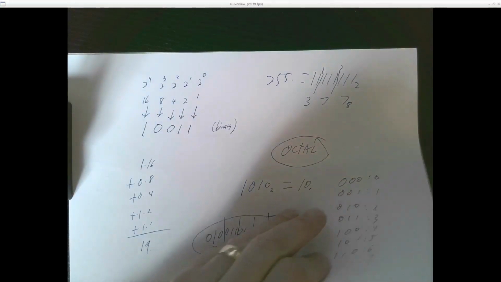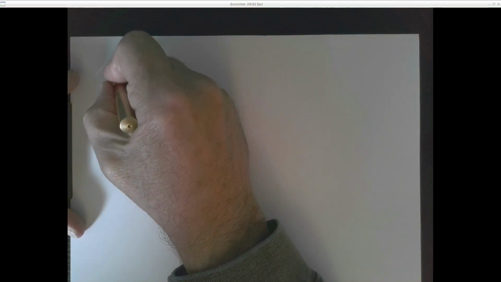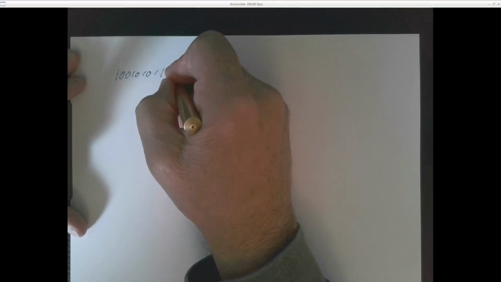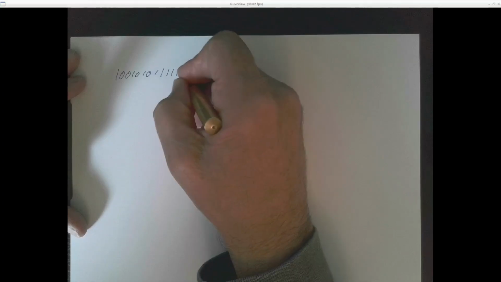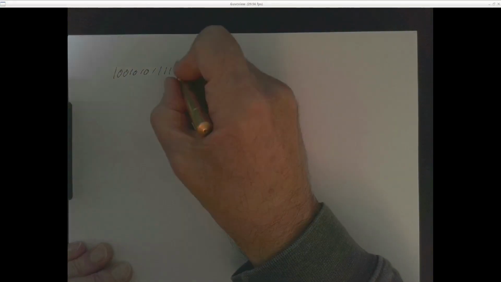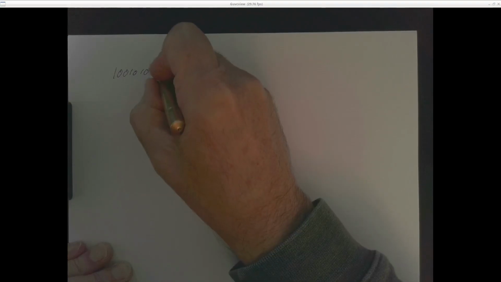Alright, so the last detail on here, sometimes we use a different base. So if I were to take a number like this, I could break it into groups of 3 and write it as an octal number, but sometimes we break it into groups of 4.